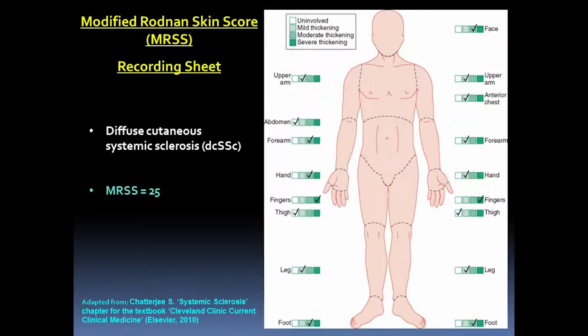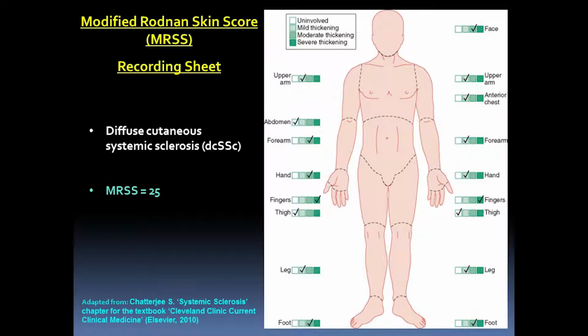This is a recording sheet. So we are looking at the body at 17 different areas: fingers, hands, forearms, arms, feet, legs, and thighs in pairs, plus face, chest, and abdomen.